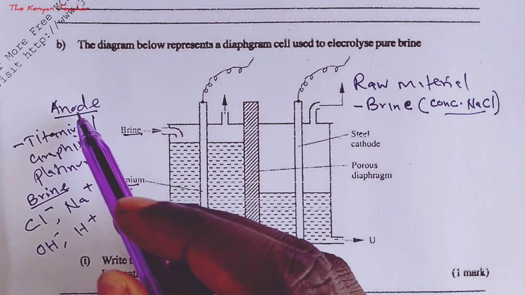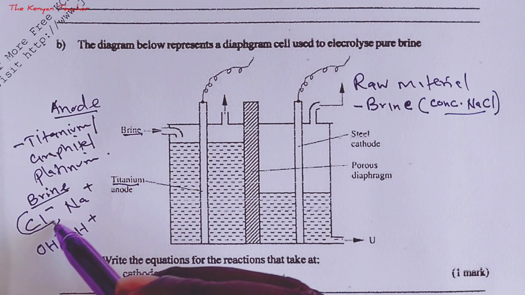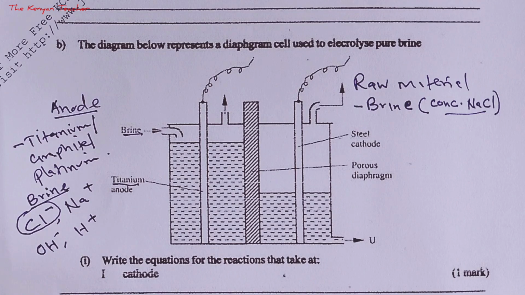So at the anode, we shall discharge chloride ions, and this is because of their higher concentration as compared to what is normally discharged ordinarily, and that is hydroxyl ions.